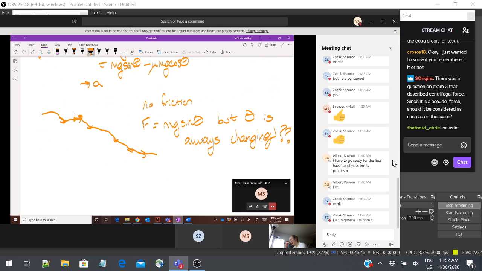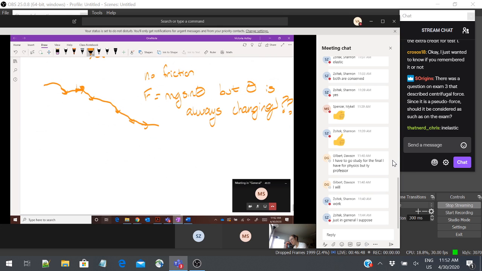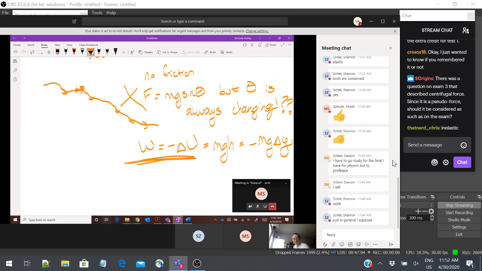So this is where the fact that these conservative forces, negative change in potential energy, GH or negative mg delta y, you can do this. You can't do this, right?